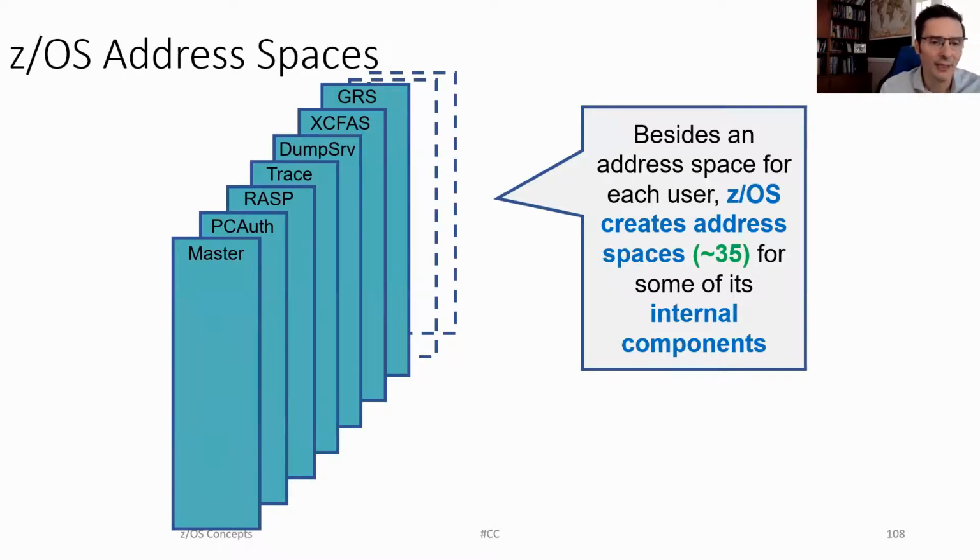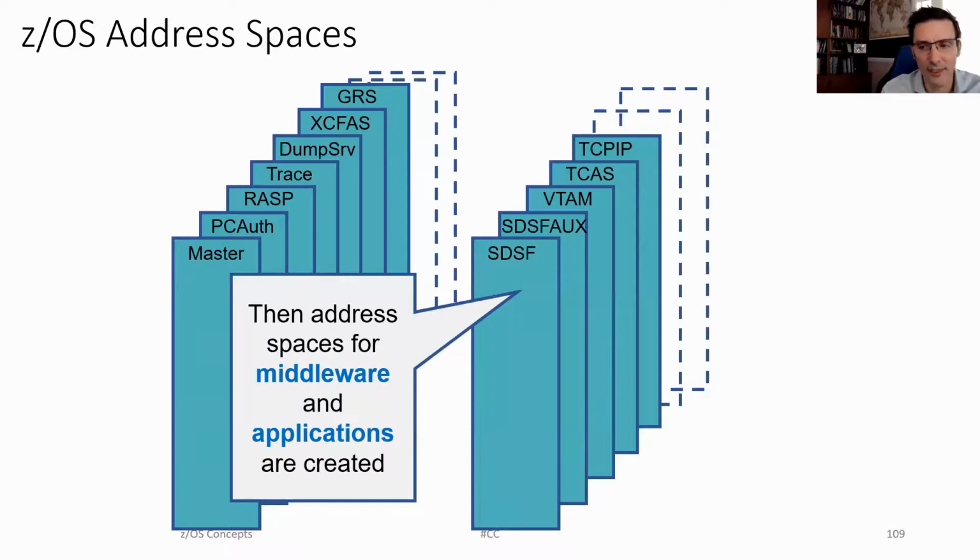For example, a lot of the services on zOS, when you first bring up the operating system, are going to automatically have their own address space as well. And then there's middleware components, and there's also applications that are each going to have their own address spaces. And there's a lot of those address spaces on the system.